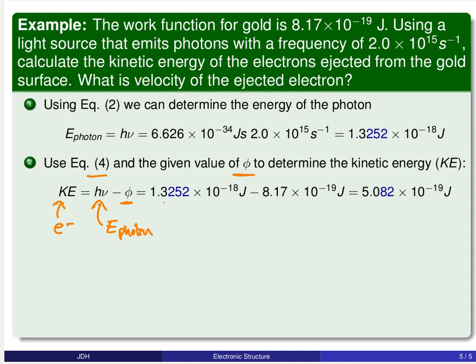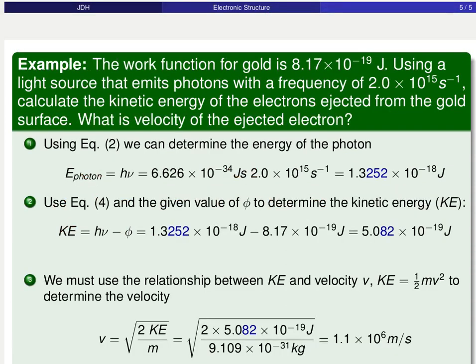Plugging in both of these values, we've already calculated in step 1 above the energy of that incoming photon, and we know the value of that work function, and therefore we can carry out the subtraction and determine the kinetic energy of that electron.